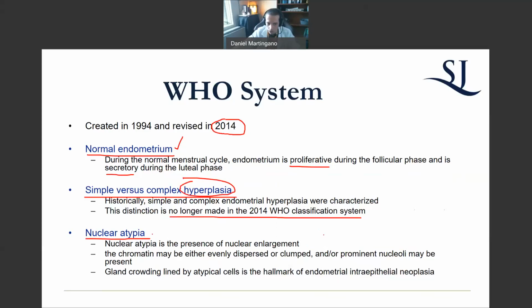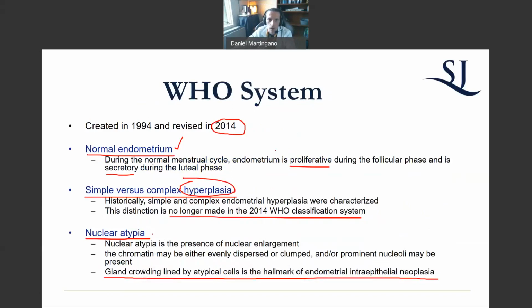And if it's working hard to grow and it shouldn't, then that means that neoplasia is a possibility. And the hallmark of neoplasia is really crowding based upon these atypical cells, okay? So if you have complex atypical hyperplasia, that's something that's concerning for carcinoma, and maybe about 40% of those cases actually do have a carcinoma associated with them.